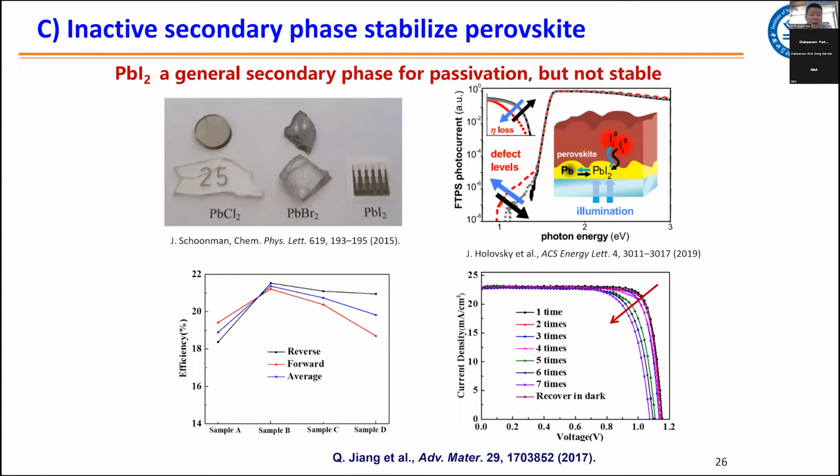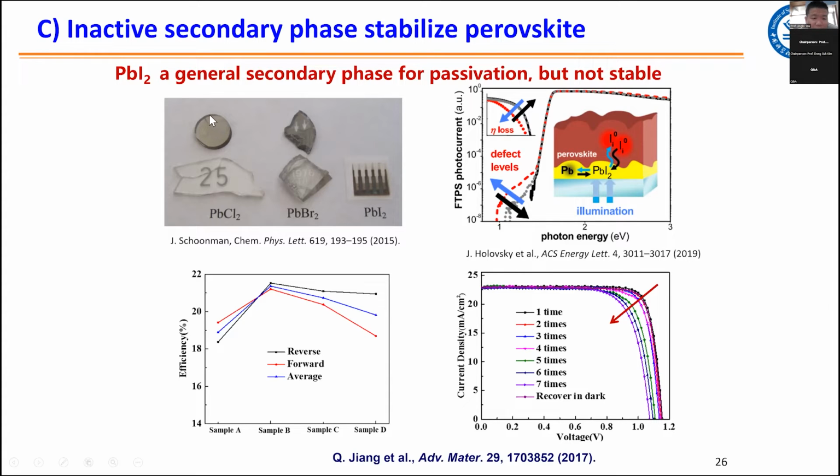The other one is our recent work. When working on the two-step perovskite, we always found that PbI2 can form on the surface, and we always found this PbI2 is not good for stability. Previous results confirm that with PbI2 under light illumination or UV light, gradually some black color forms on the surface.